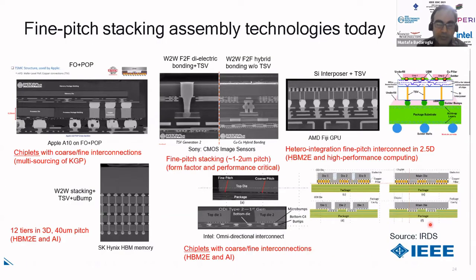So for these types of things, we have a lot of 3D solutions. You are all familiar with this one, so I will briefly talk about it. So the fine pitch for the mobile, typically fan-out package for imagers, there are no die size requirements. It's mostly wafer-to-wafer stacking.